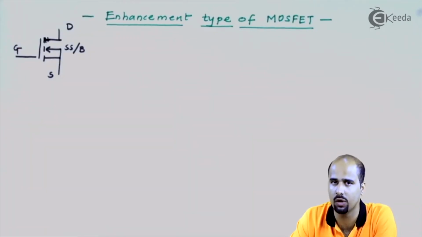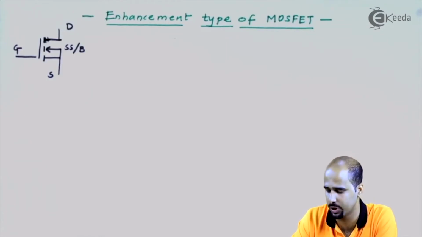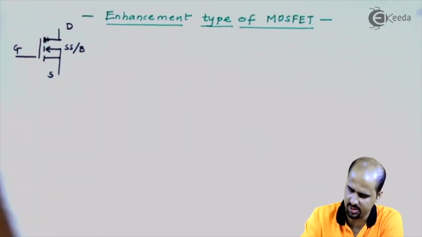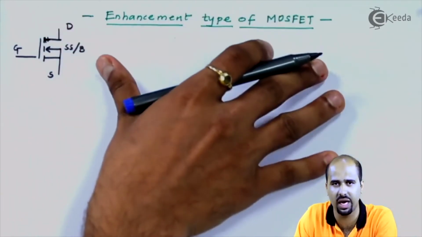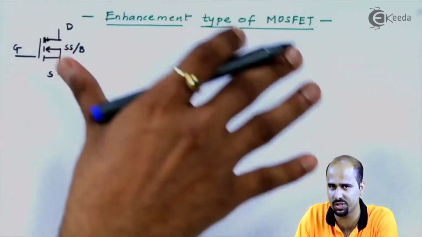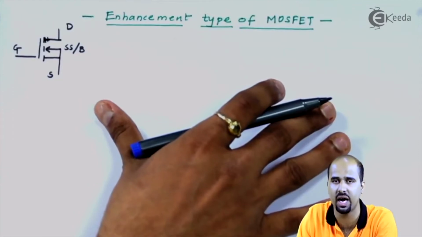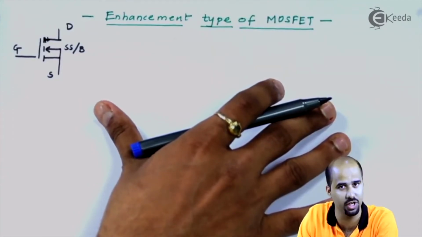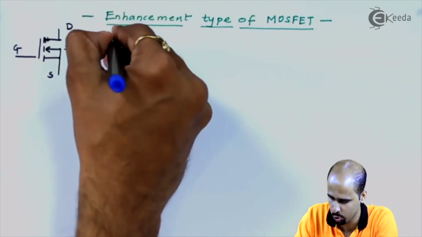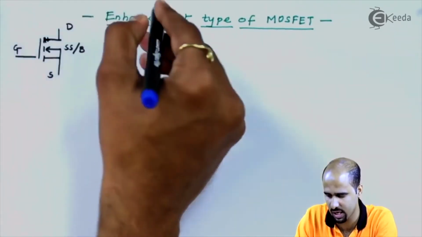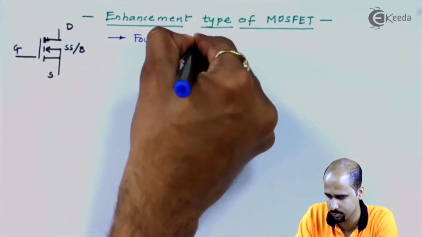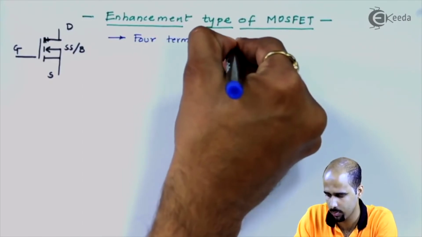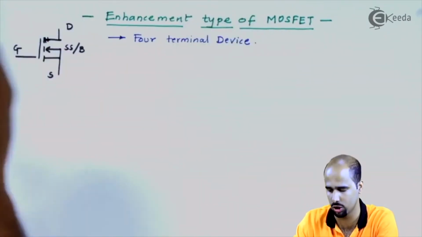with the exact construction and working of that particular enhancement type of MOSFET. So let us understand the properties of the enhancement type of MOSFET first. We'll become familiar with it, then move towards the construction, and then look at the proper working. First of all, we all know that the enhancement type of MOSFET is a 4-terminal device.